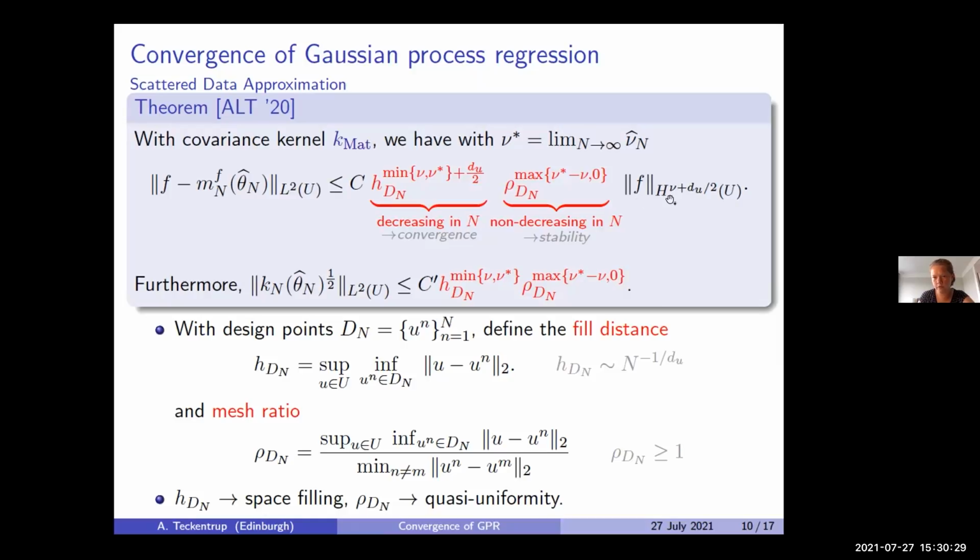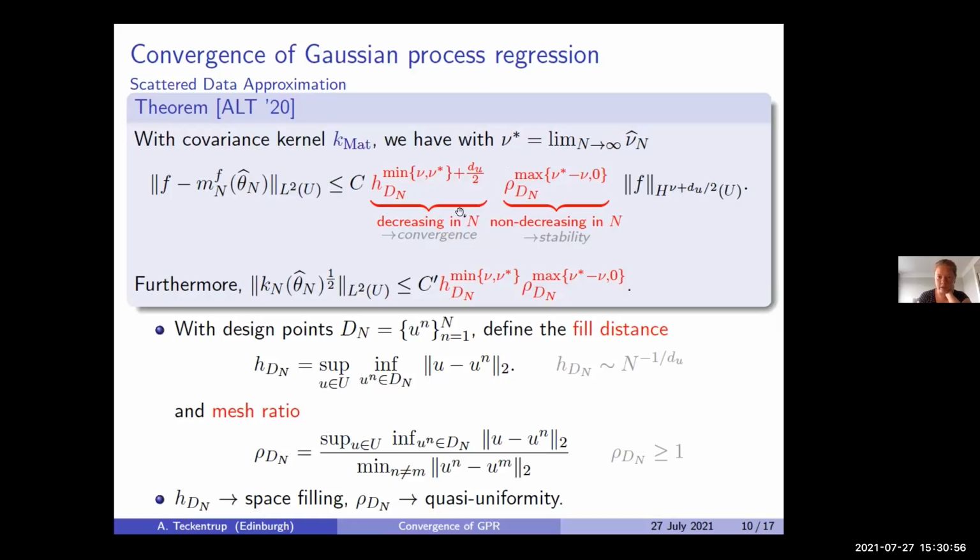We're assuming that it has nu plus d/2 derivatives, and these derivatives are square integrable. So they don't have to be continuous, but they have to be well behaved in a certain sense. So that's one assumption, that we need our f to be sufficiently smooth.